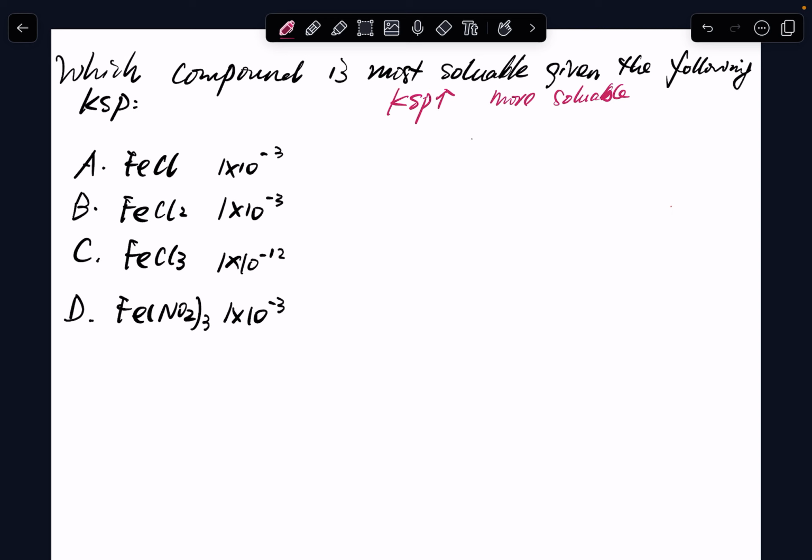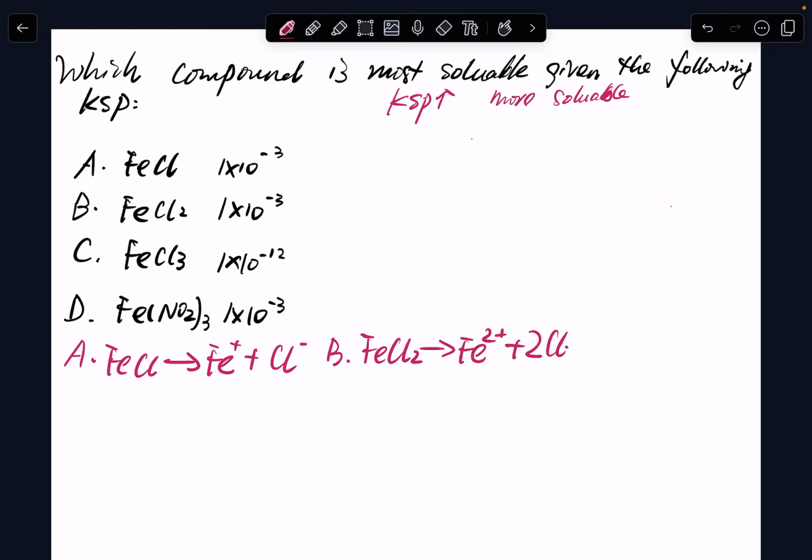Let's first analyze answer choice A. How does that dissociate? Answer choice A is FeCl. When you put this in water, it dissociates into 1 mole of Fe plus and 1 mole of Cl minus. Whereas B, FeCl2, would dissociate into Fe and 2 moles of Cl minus.